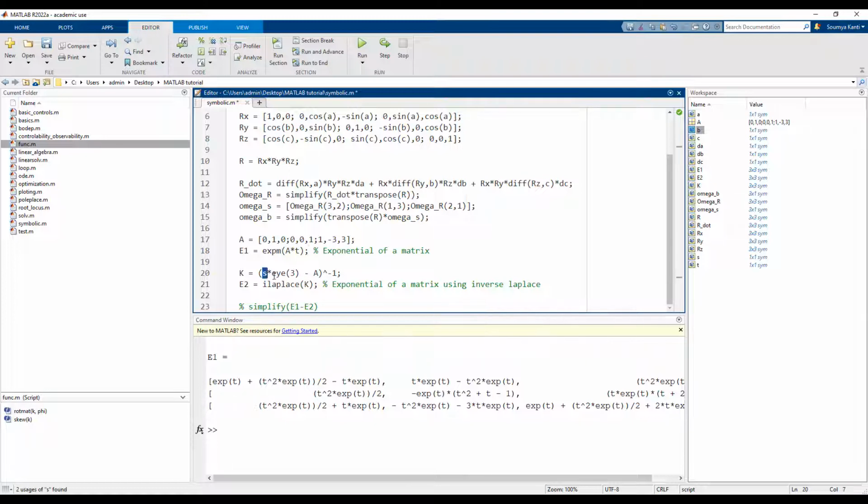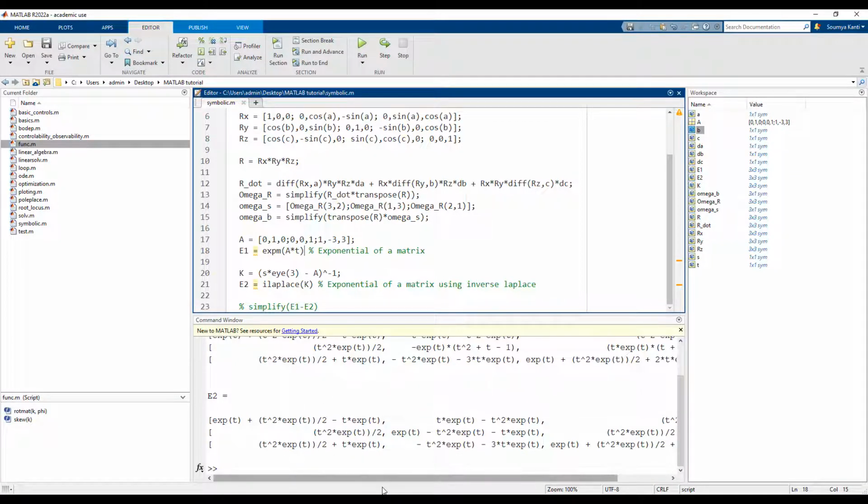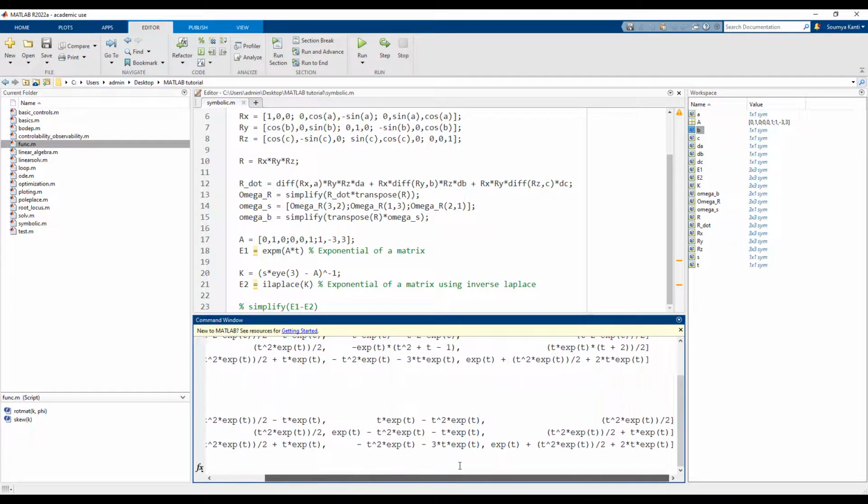So s, then I, the 3 by 3 identity matrix, minus A, then to the power minus 1. So this is the matrix, and I want to do the inverse Laplace of this. So if I now run it, this is actually giving out e to the power At in inverse Laplace form. So if I compare both of them, both of them are exactly the same, as you can see.